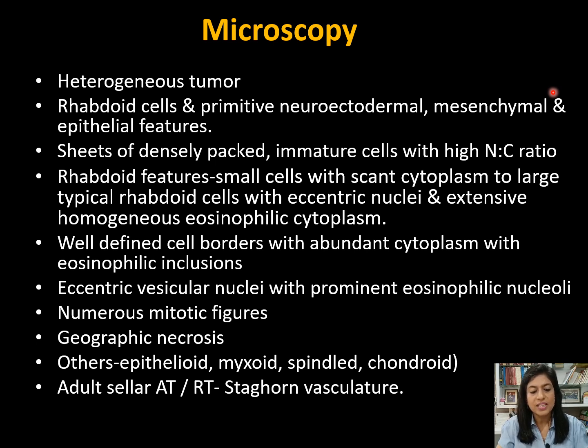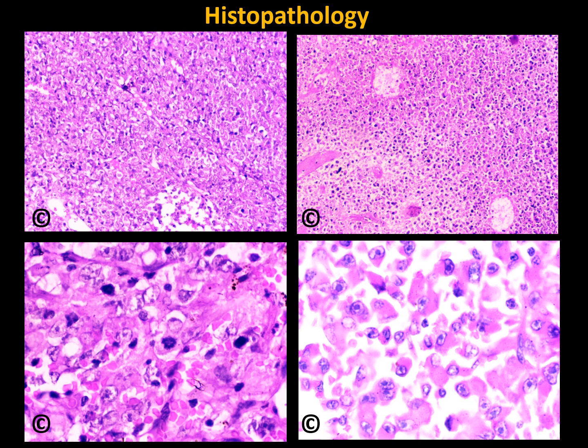Eccentric vesicular nuclei with prominent eosinophilic nucleoli may be present. Mitotic activity is numerous. Geographic necrosis may be present, and often the tumor is diverse with mixed histologic appearance composed of epithelial, spindle and chondroid components. And the vasculature, especially in the adult type, may be staghorn-like.